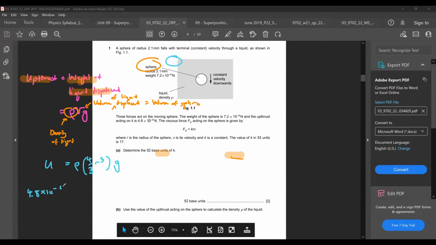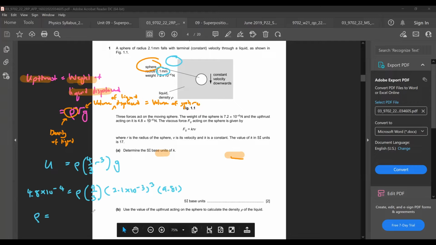Then you start subbing in the values. 4.8 times 10 power minus 4 equals rho times 4/3 times your radius, which is 2.1 times 10 power minus 3. So you cube it and then you multiply with 9.81. If you do it properly, you can also try to calculate and then check your answers with mine. 4.8 times 10 power minus 4 times 3 divided by 4 divided by 2.1 times 10 power minus 3, remember to cube, then divided by 9.81.